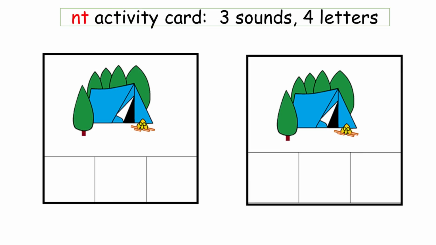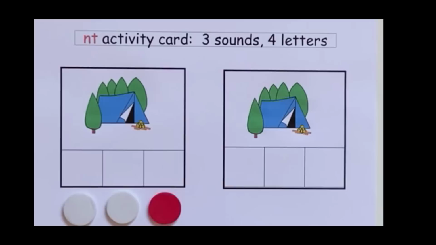And this is a template used in the next demonstration. Now we're going to have kids complete the next activity card. It is the digraph NT. And when you put N and T together, it makes one sound, nt. So let's look at our first picture. It is a tent. And let's push up for each sound that we hear.